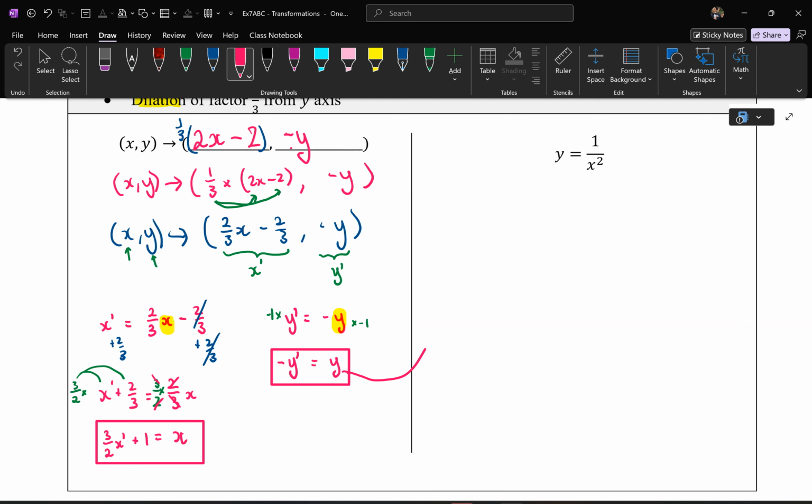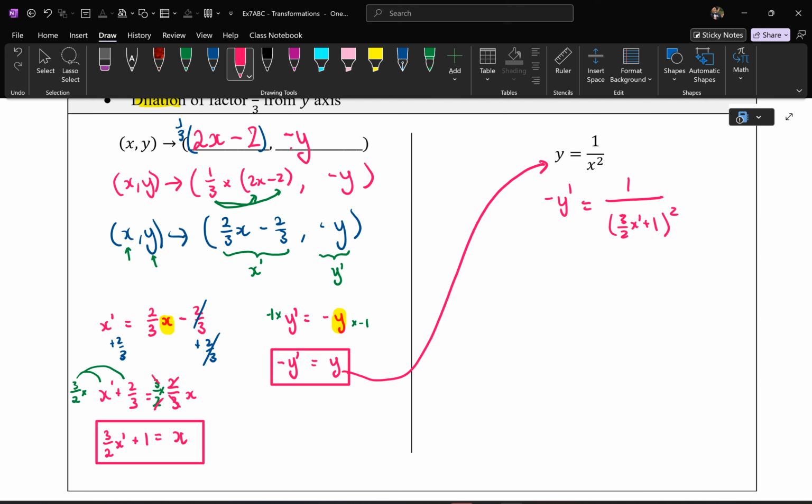Old y can be replaced here. What is old y equal to? Old y is equal to new y with a negative. So I rewrite it. It's now new y with a negative is equal to 1 over, now instead of x squared, that's your original x. So the original x is equal to 3 over 2 new x plus 1. So I replace that, and I write 3 over 2 new x plus 1.